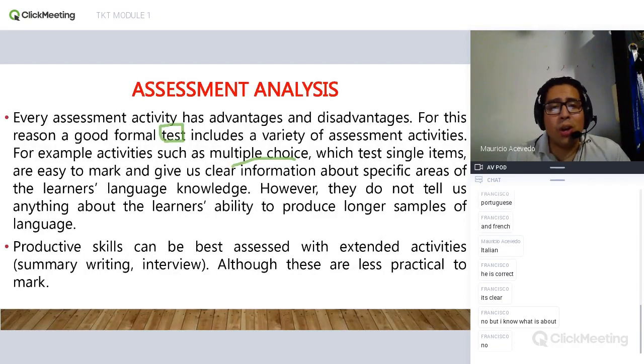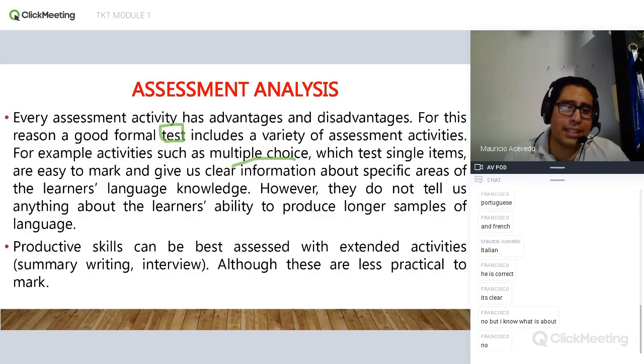However, they do not tell us anything about the learner's ability to produce longer samples of language. Okay, so maybe they just remember that from the class and they just mark it. But it is not testing if they can really produce such sentences by themselves.